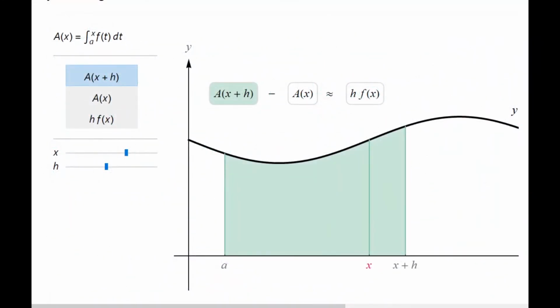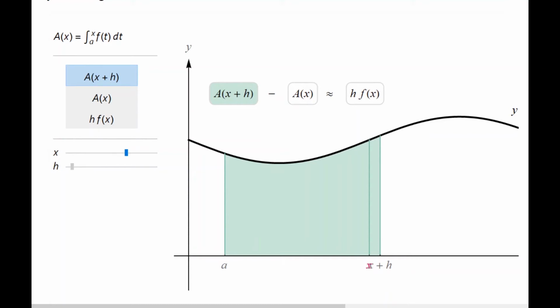And here's a visualization that may help you see why the fundamental theorem of calculus works. The black curve there is the actual function. The area function is represented by the area of the green region. And notice what happens when h gets small. Then there's very little difference for f in the interval x to x plus h, right?